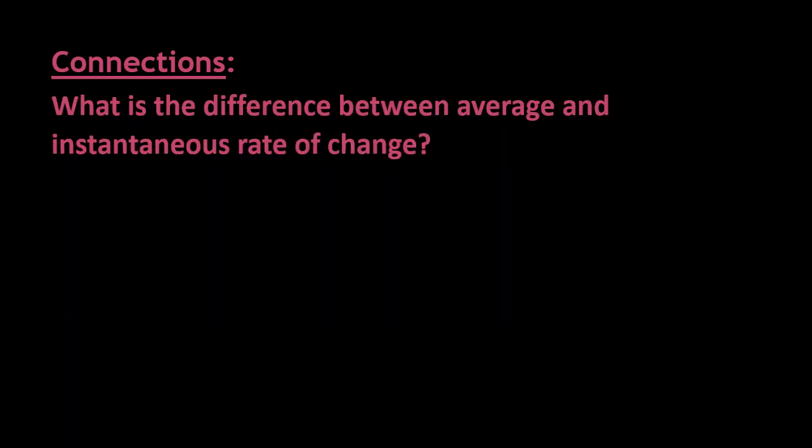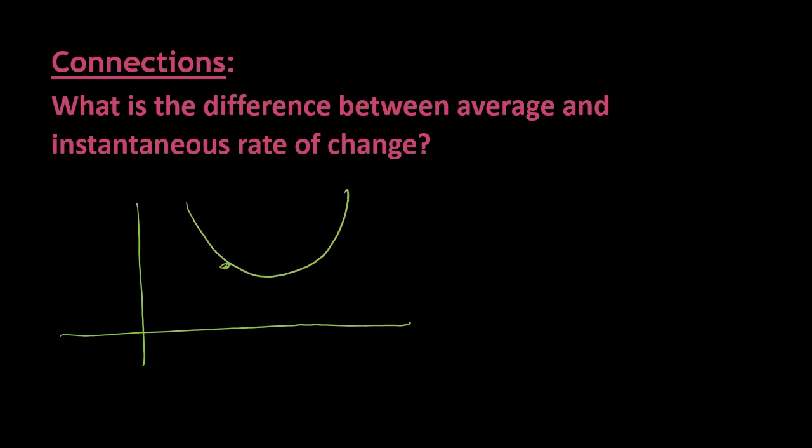What is the difference between average and instantaneous rate of change? The average rate of change is what's happening from one point to another. So if I just use a parabola, for example, from point A to point B, I know the slope of the secant line is increasing. If I take the tangent line at this one point, because this line has a negative slope, I know the function's decreasing.